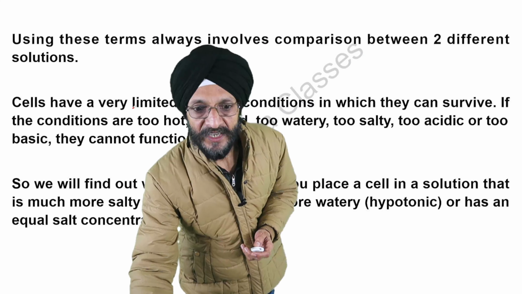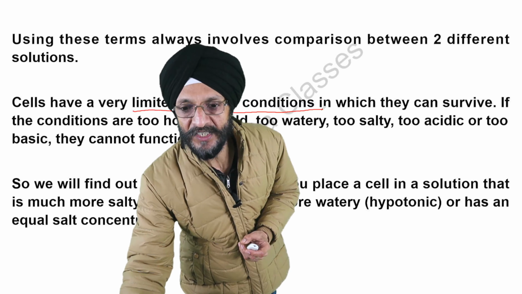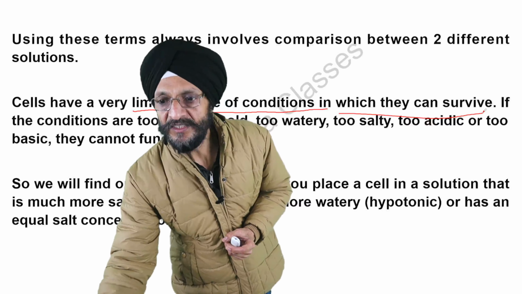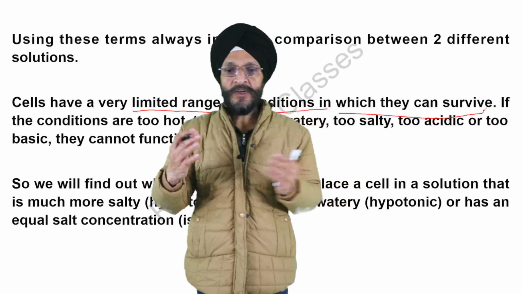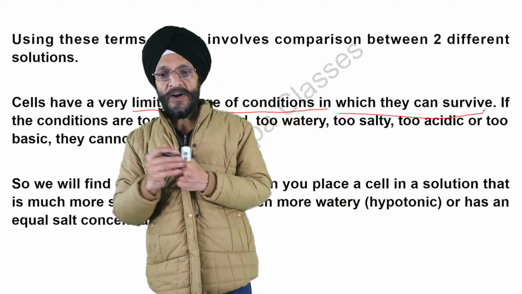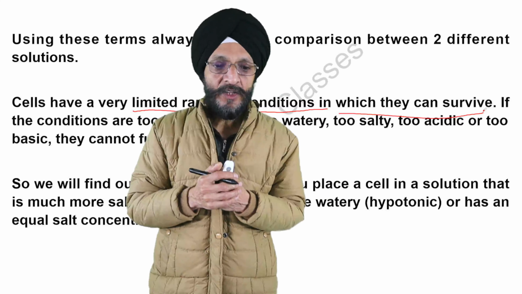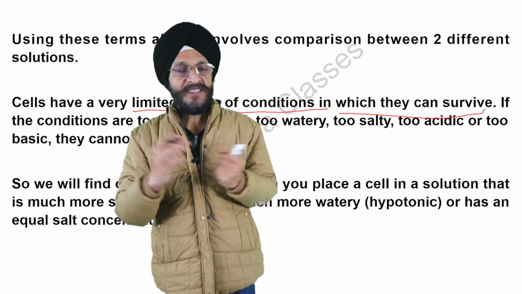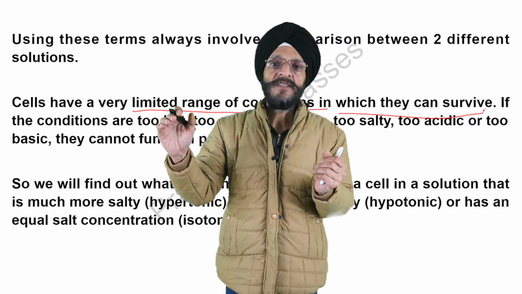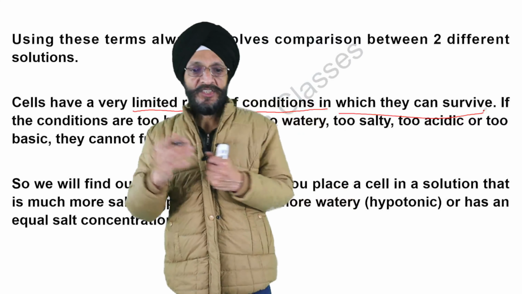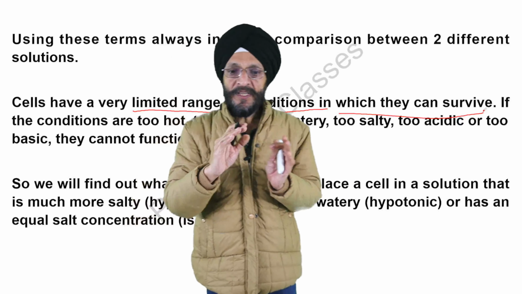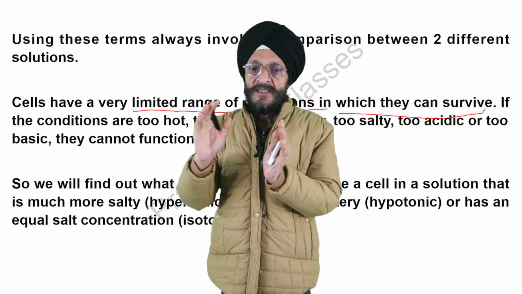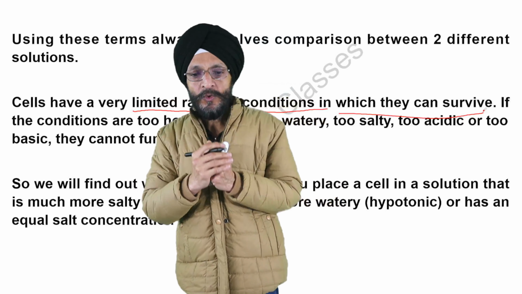Cells have a very limited range of conditions in which they can survive. It is not that if the conditions are too hot, too cold, too watery, too salty, too acidic or too basic, the cells can perform in all these conditions. They can function properly only if the condition is suitable to them.